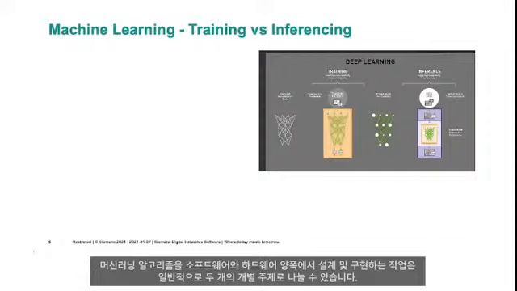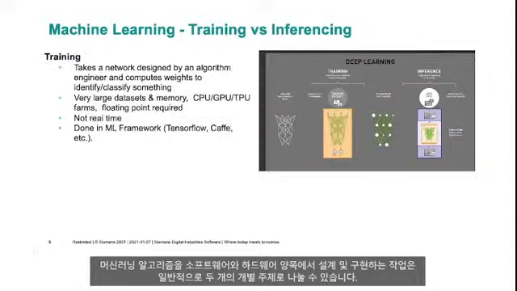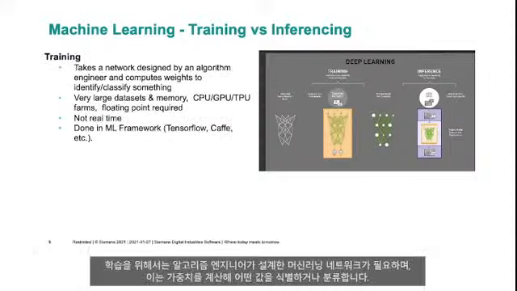Designing and implementing machine learning algorithms, both in software and hardware, can usually be broken down into two separate topics. Training takes a machine learning network designed by an algorithm engineer and computes weights to identify or classify something.